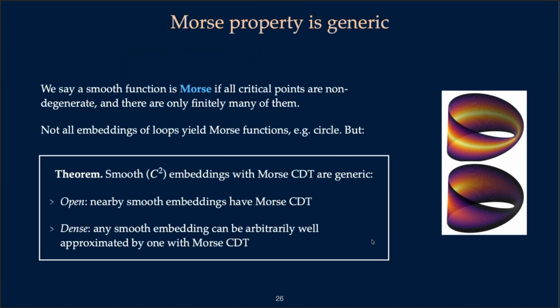So one thing that we prove in this work is the genericity of something called the Morse property. We say a smooth function is Morse if all the critical points of the function are non-degenerate, in this case meaning that they're either maxima, minima, or saddle points, and there are only finitely many of them.